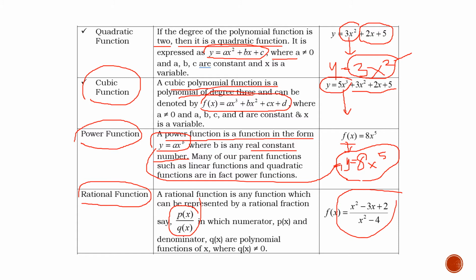So we really need to make sure that your q of x, or the polynomial under your denominator, is not equal to 0. So if we satisfy the two conditions wherein your p of x numerator and your denominator are both polynomials, and your q of x or your denominator is not equal to 0, then the given function is a rational function.